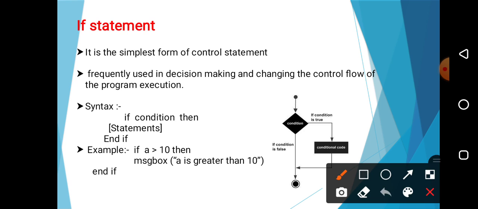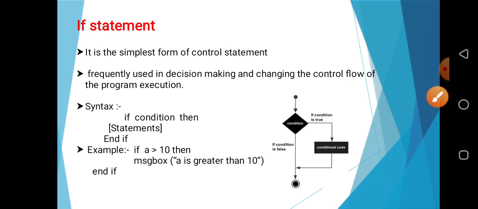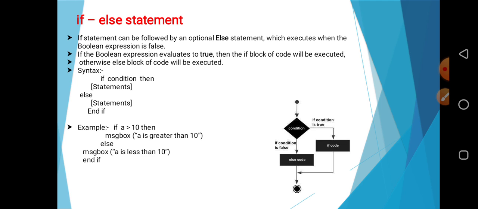So students, the syntax for the If is: you put the condition, then the statements get executed, and the If is ended with End If. So this is the If statement syntax. The examples of the same we will cover in the practical video, so kindly refer to the practical video for examples of the If statement, If Else, Select Case statement as well as the loop statements.